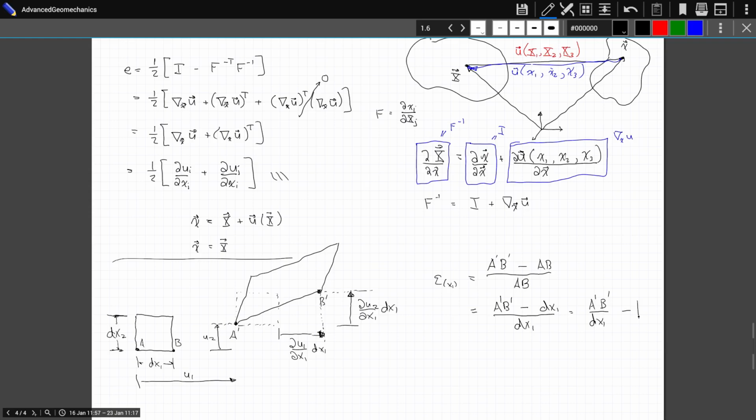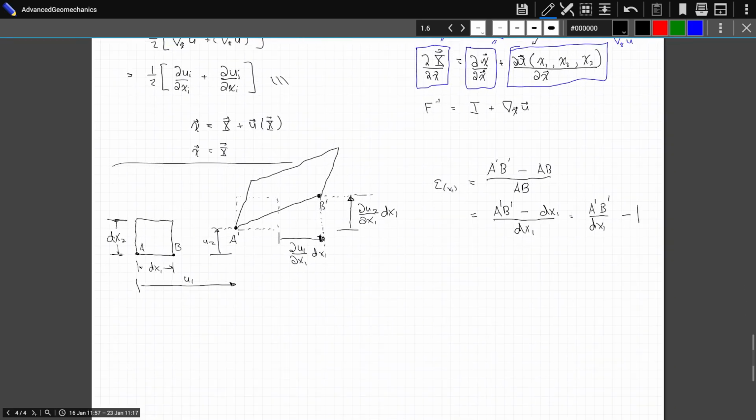So let's write down what A prime, B prime is in terms of these other things that we've defined, in terms of the displacements and the dx's, right? So A prime, B prime is equal to, right?